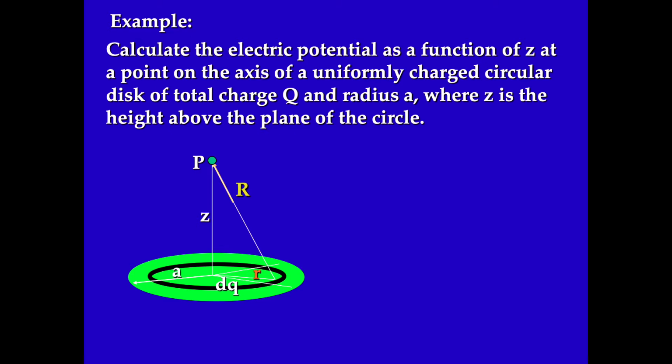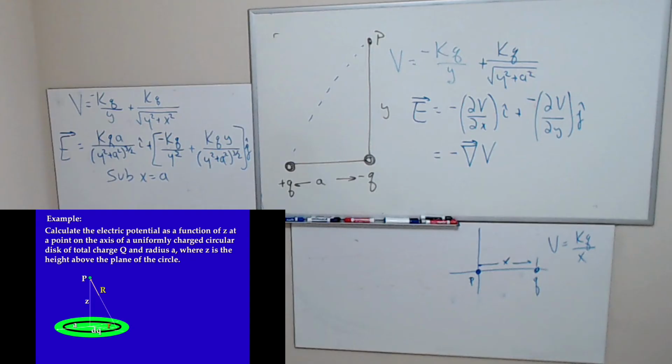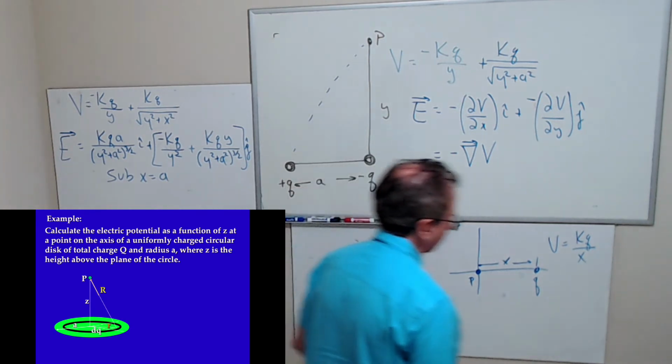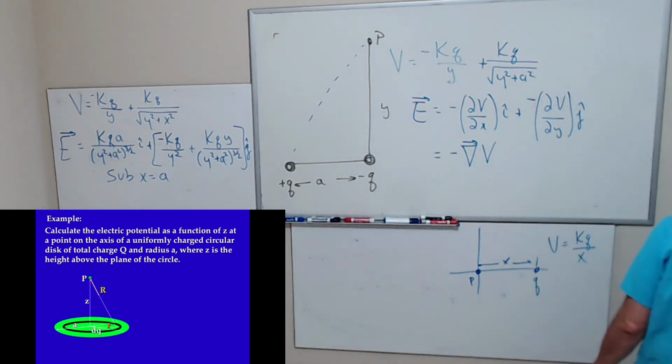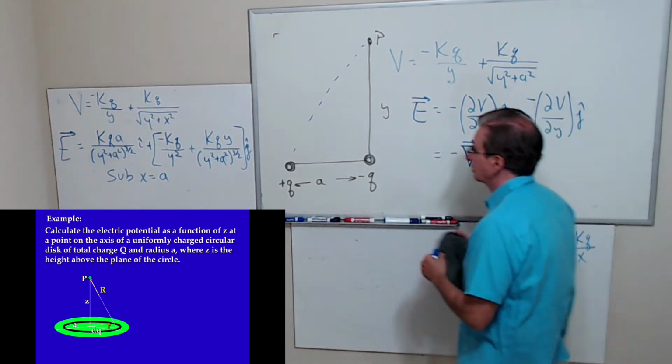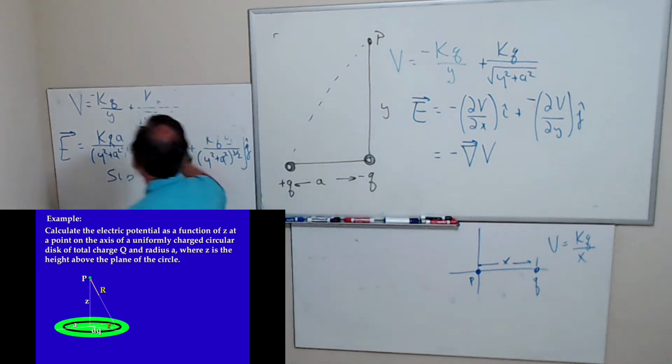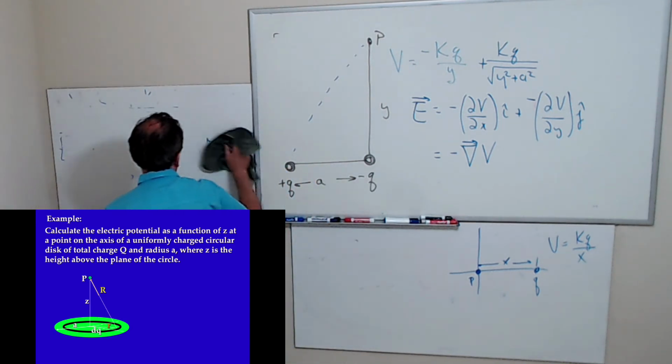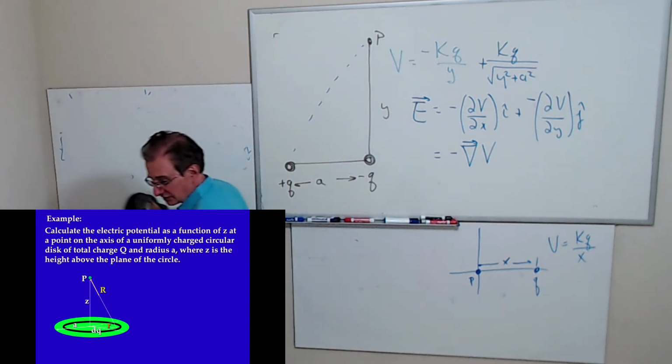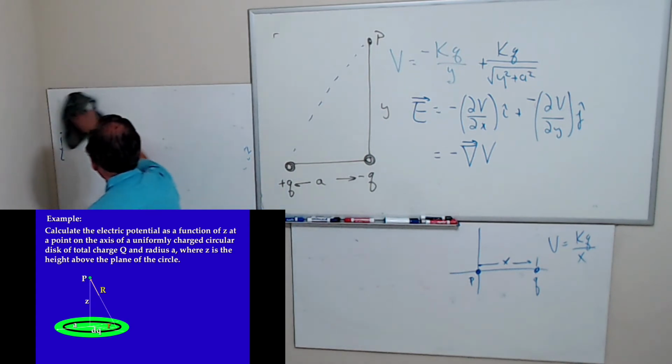Let me switch views. To make it easy, let's assume that the disk is uniformly charged. We have a uniformly charged disk. And guess how I'm going to break the disk up? I'm going to break it up into rings again.